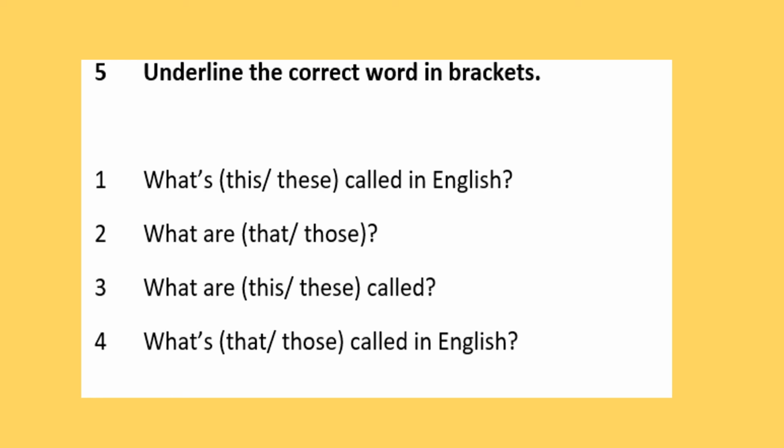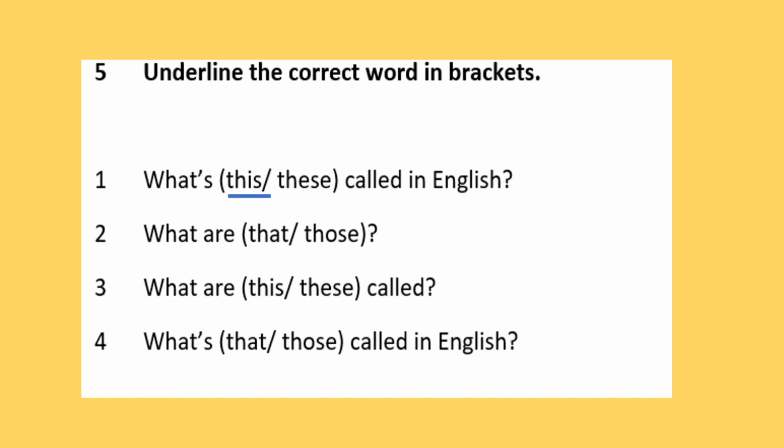For example, number 1, we can't have is and use these. It's impossible because is is used for the mufrad, for the singular. So we use this. What's this called in English? So is and this both talk about the singular, mufrad.